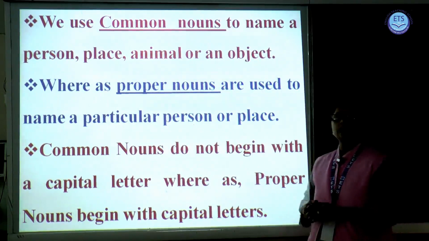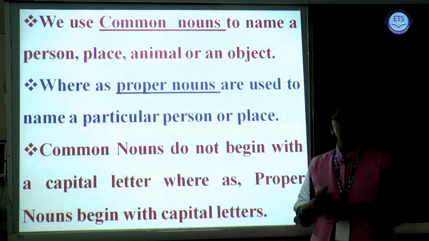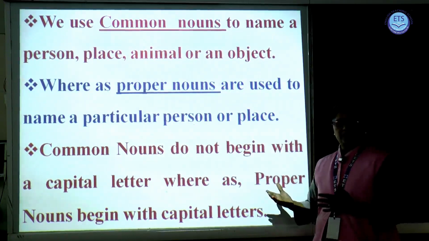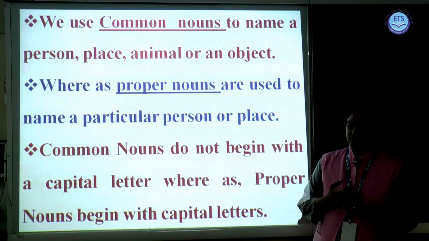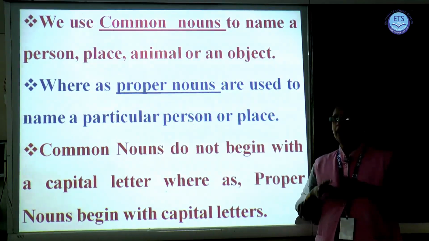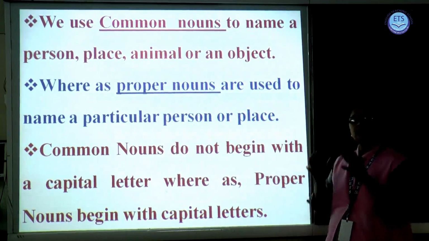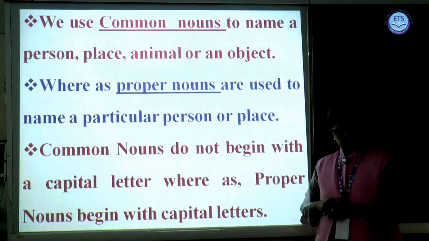Children, you must know that when we were young, even you should be playing the game known as name, place, animal, thing. These all come under common noun. A common noun is a place, a person, animal and a thing.